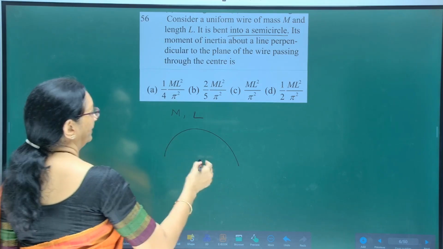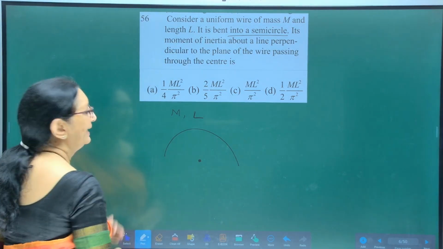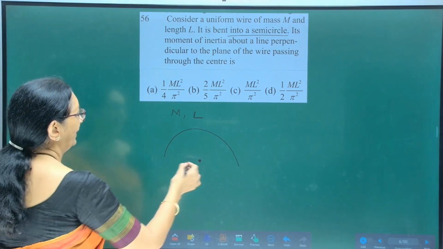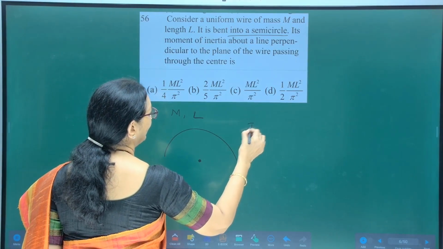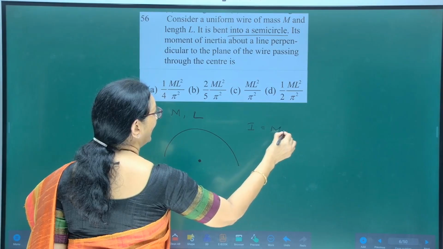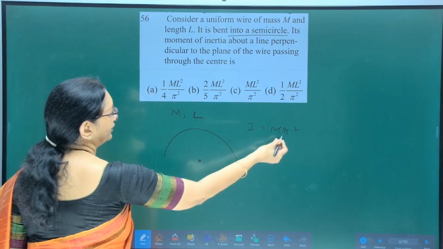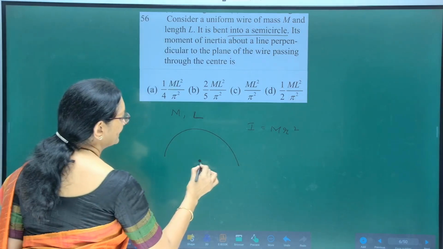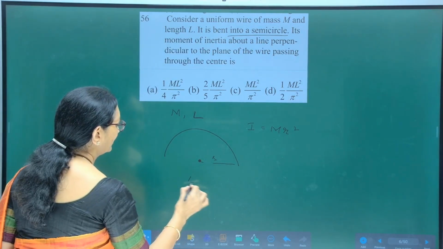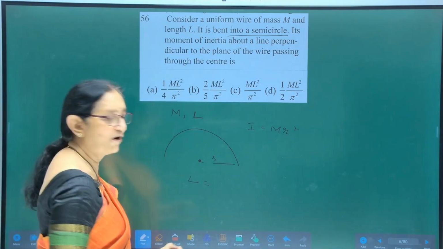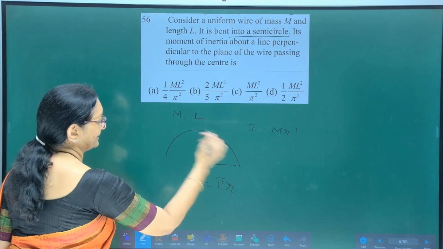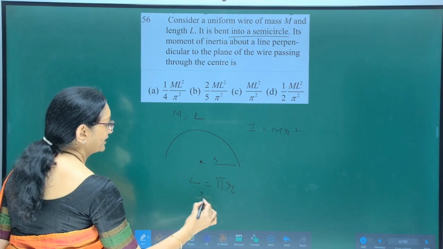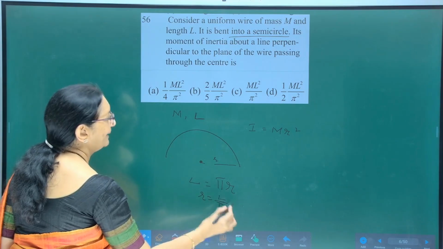Okay, then it is just equal to mr square, where r is the radius. So here the moment of inertia is mr square, and we need to find the radius of the semicircular arc. The total wire is bent into the form of a semicircle. So the semicircle perimeter is pi r, from which r is equal to L by pi.